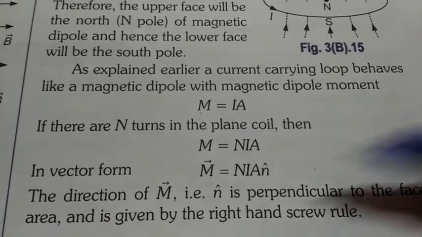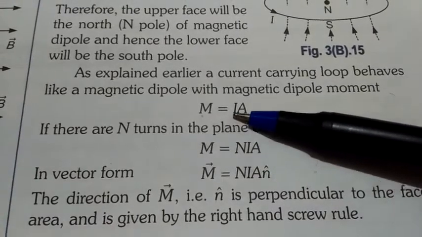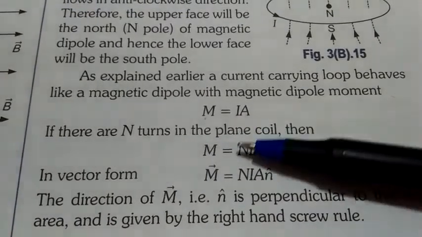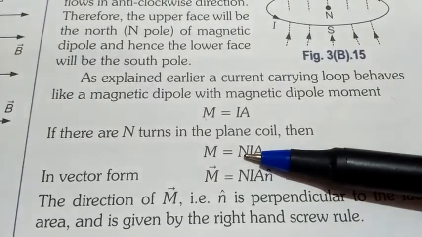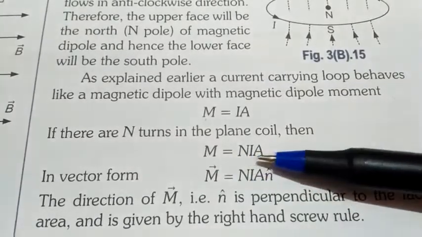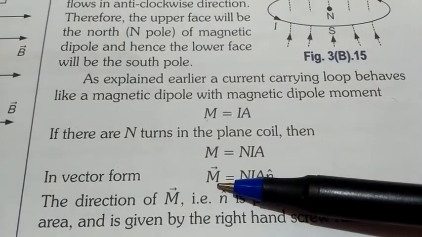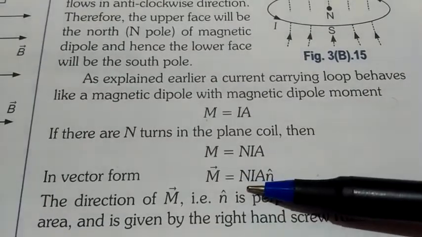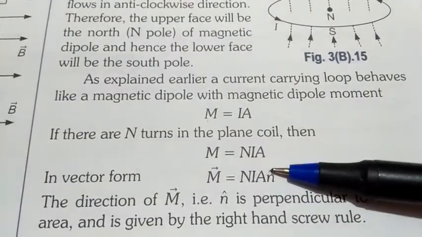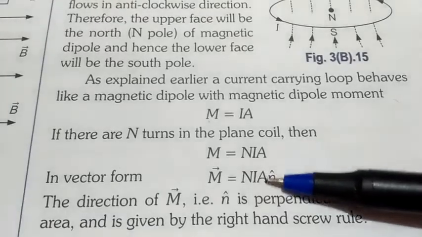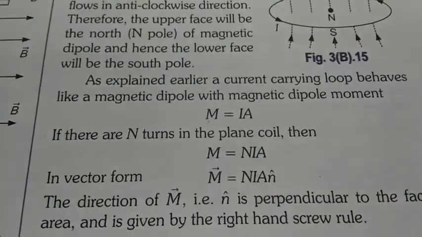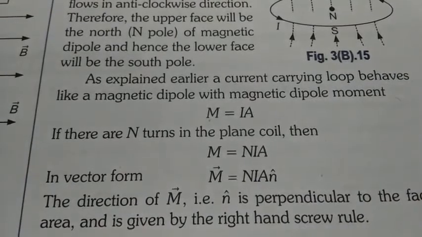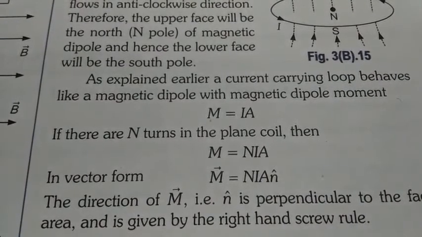And the strength of the magnetic dipole is given by current into area. If the number of turns in the coil is N, we multiply N here. So M equals NIA. In vector form, it can be written as vector M equals NIA times unit vector n, where the unit vector is showing the direction and the rest is showing the magnitude of the dipole moment.